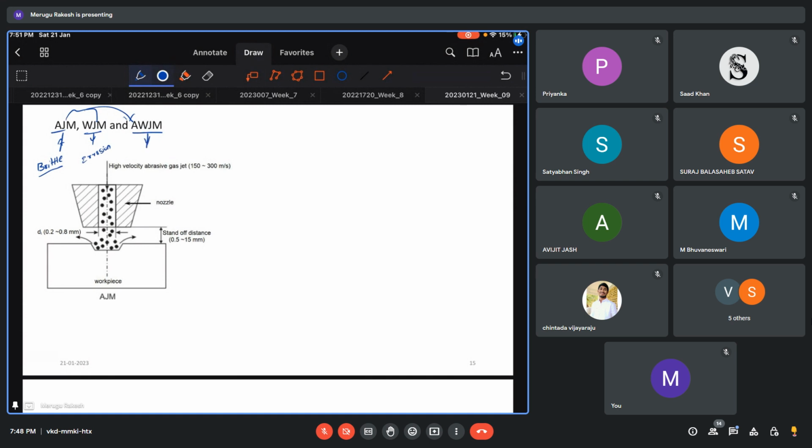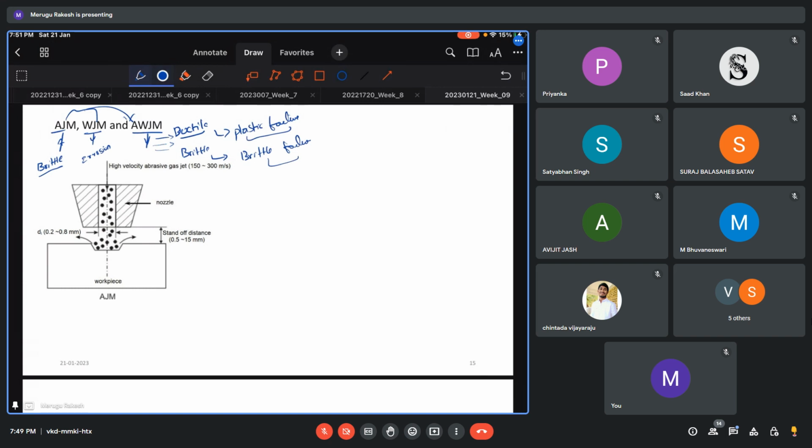In abrasive jet machining, it depends on what type of material you're using. If I use ductile materials, there will be plastic failure. If I use brittle materials, there will be brittle failure. And this is the mechanism as well.